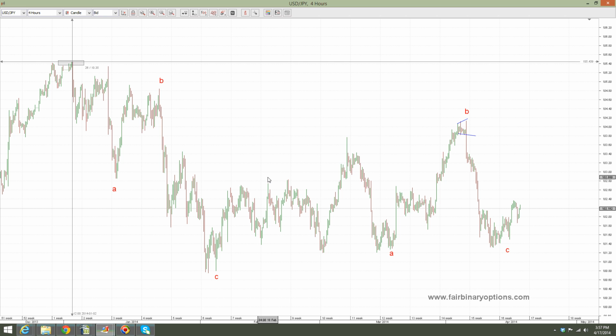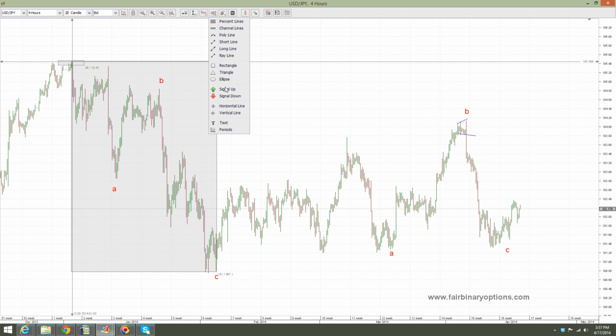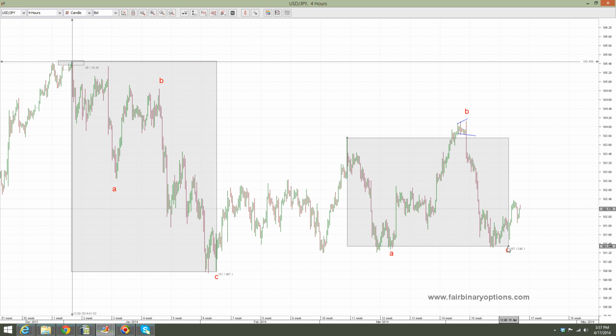And then the move to the upside, or the intervening link, or the link between the two corrections, because this is a flat and this is another flat. So two different flats. Well, what's in between these two different flats?